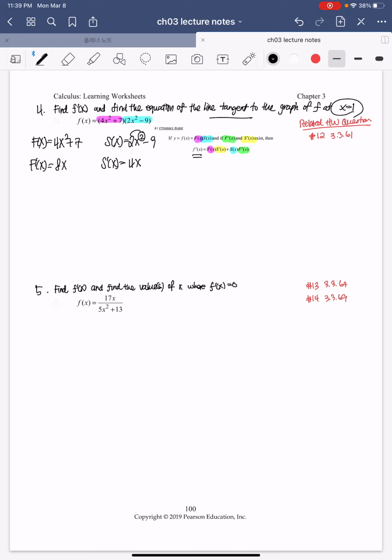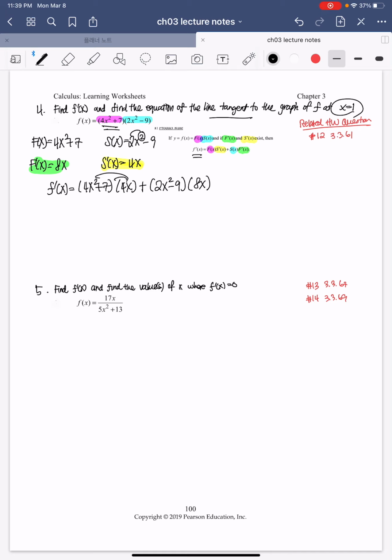So my f prime of x tells me pink term right over here, 4x squared plus 7, times orange, let's also color code it. s prime of x will be yellow, and then this one will be green. So I have 4x plus 2x squared minus 9, 8x.